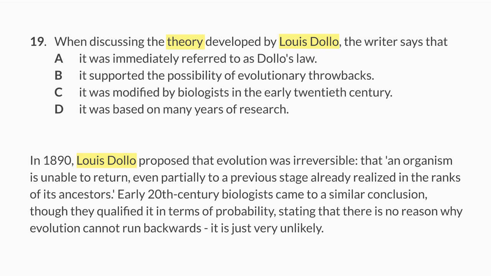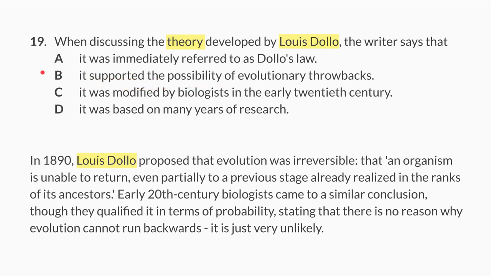I already know right away that this is not going to be our answer, because the answer choice related to evolution says that it supported the possibility of evolutionary throwbacks, that it is somehow possible to go back in evolution. See? Throwback. That is not what this is saying at all. It's saying that Louis Dollo proposed that evolution was irreversible, that an organism is unable to return, that you cannot go back. Evolution cannot run backwards. So that's not going to be our answer.